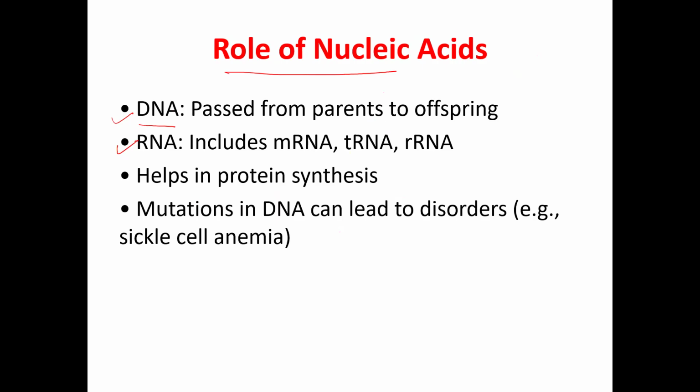So they are vital for heredity, growth, and repair of our cells. The types of RNA are mRNA, called messenger RNA, tRNA, transfer RNA, and rRNA, called ribosomal RNA. RNA plays a vital role in producing protein chains.